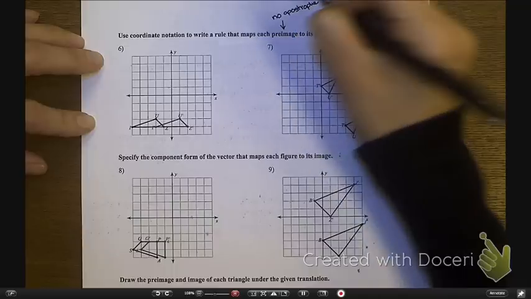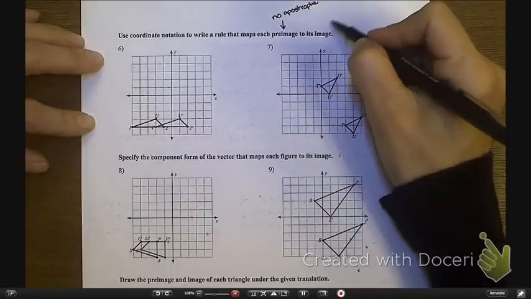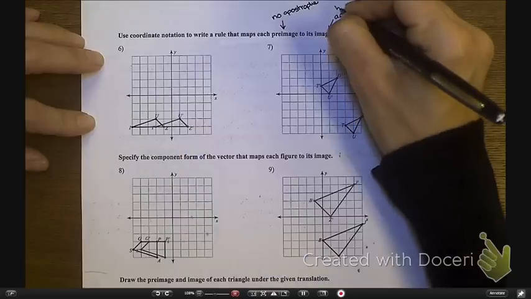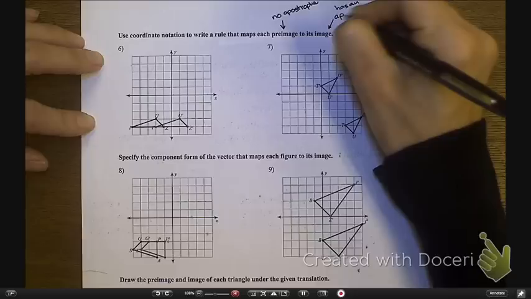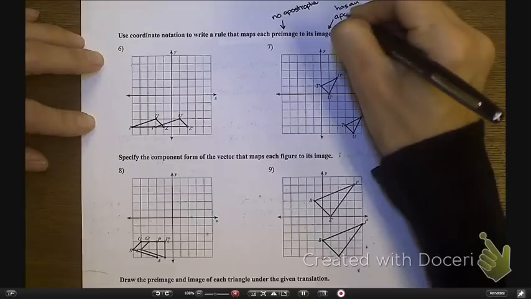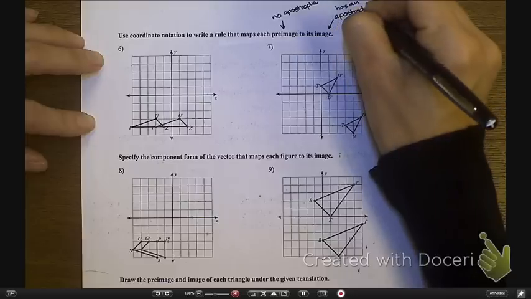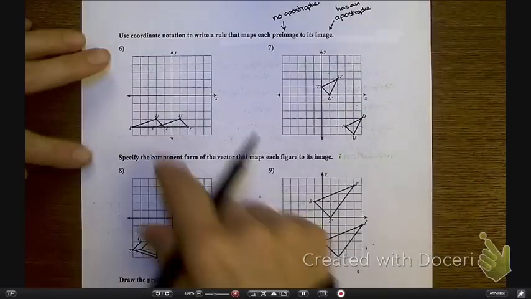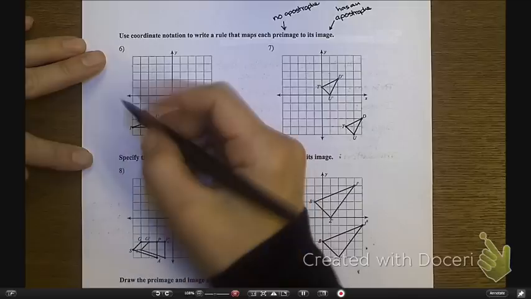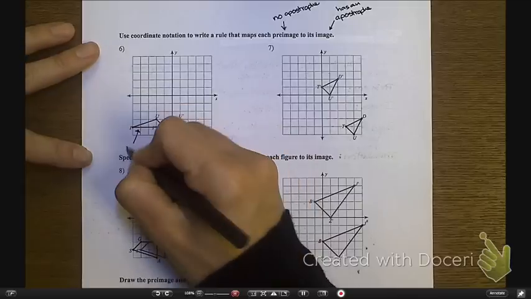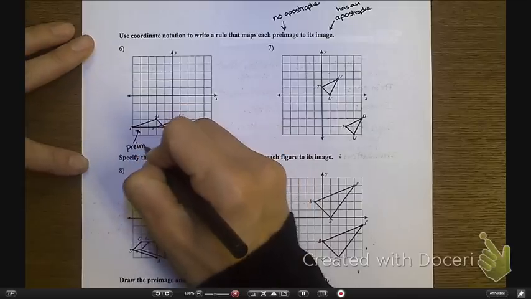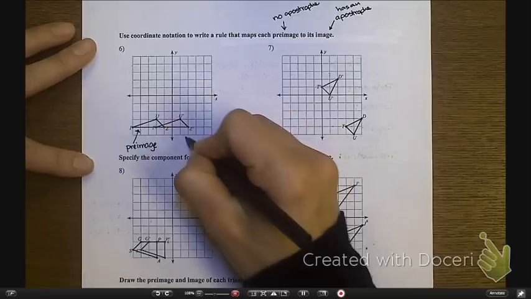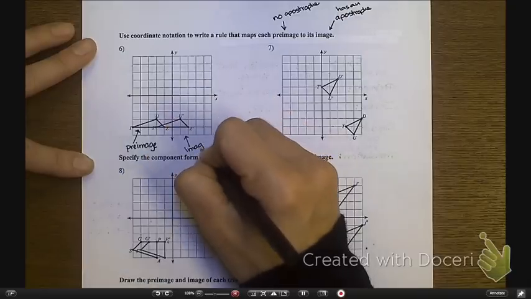The image, these are the ones with the apostrophe, or like a little prime marking. So the pre-image would be this darker one. The image would be this one next to it.